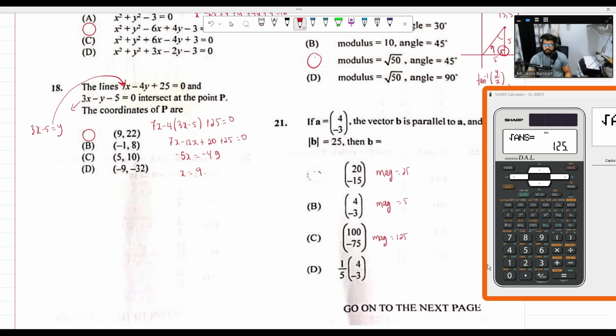And then the last one: 4/5 squared plus 3/5 squared. 4/5 all squared is 16 on 25, plus 3/5 squared is 9 on 25. Square root of that is 1. So the magnitude of this is going to be 1. So the answer is indeed A.